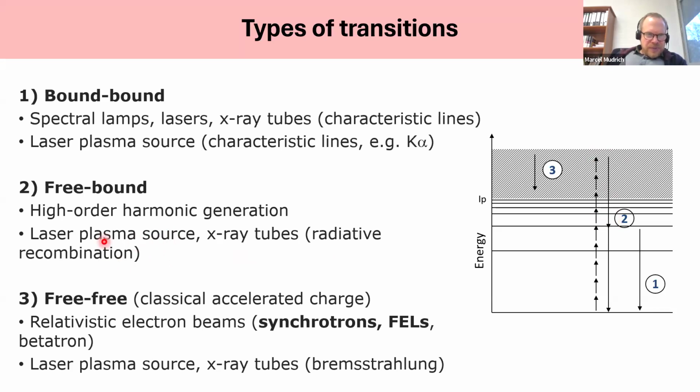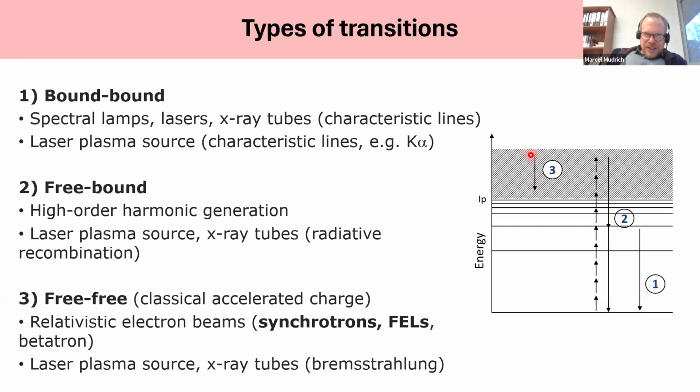This type of radiation is also present in plasma sources. But fundamentally, there's also the possibility of driving free transitions. So free transitions would be transitions somewhere out in the continuum.